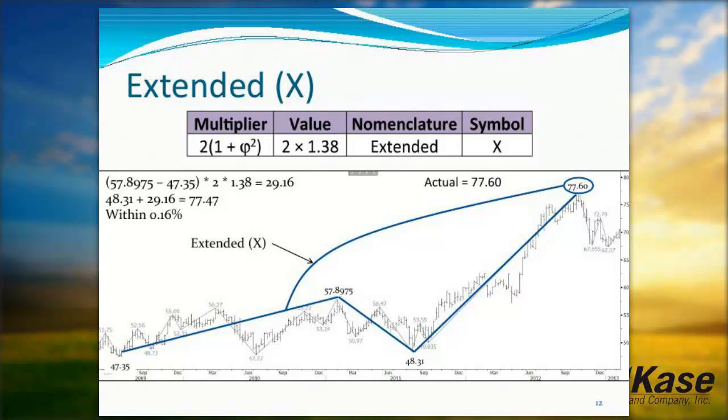We take the XY portion of the wave, multiply that by 2 times 1.382, add that value to Z. In this case, the target was 77.47, and the actual swing high was 77.60, and we saw the target met. We saw a big pullback after that. Doesn't necessarily always mean that it's the absolute end of the trend, but generally means that you're going to at least get a very significant pullback and correction once this target's met.